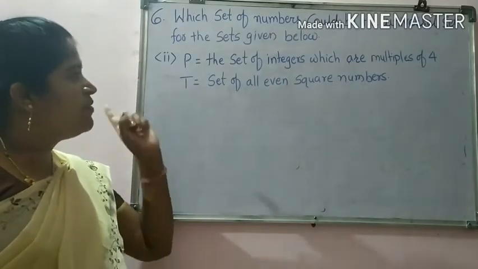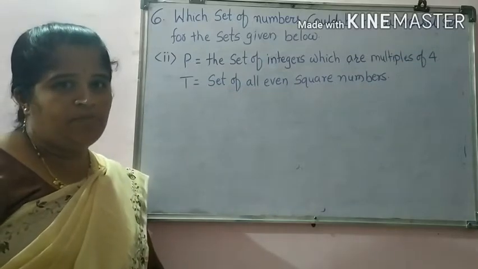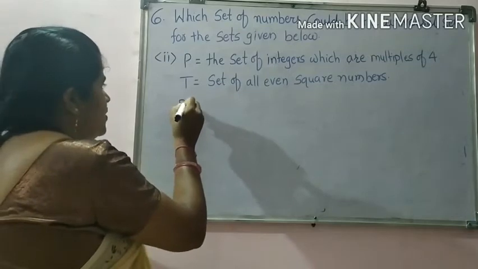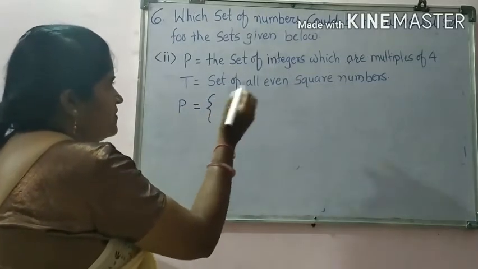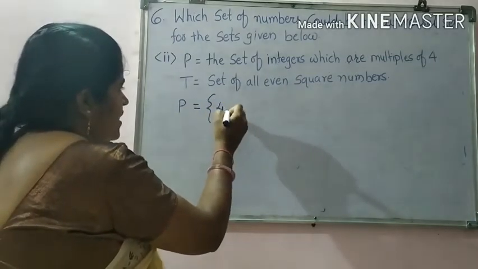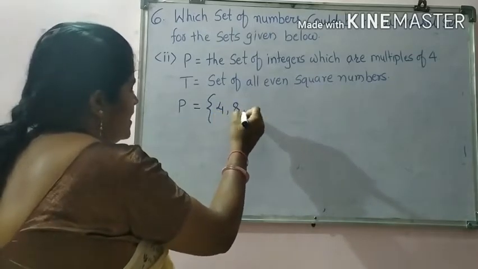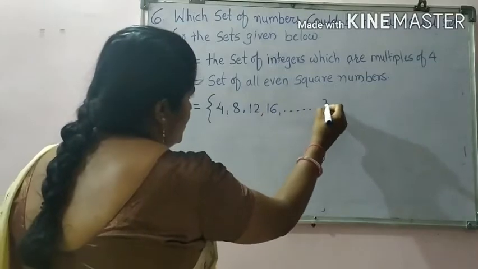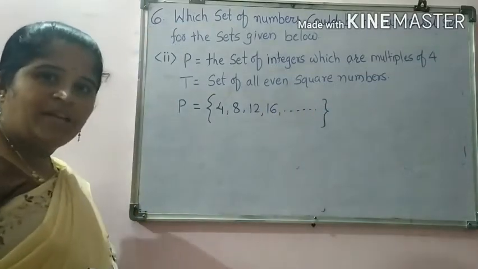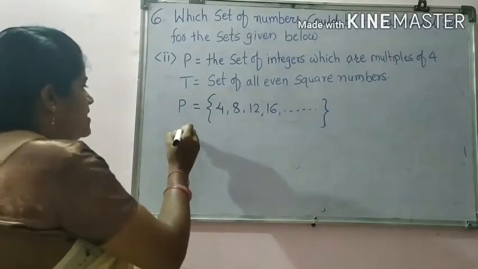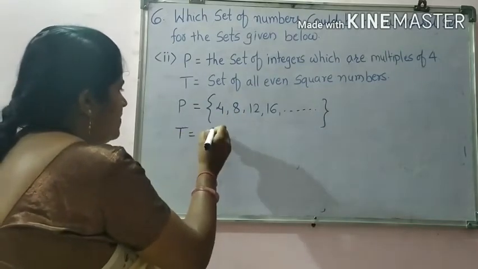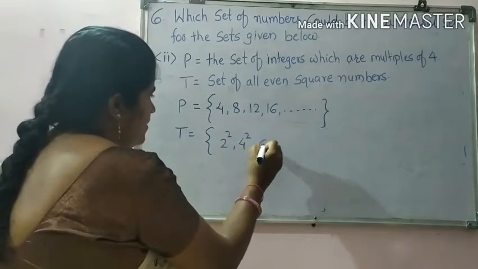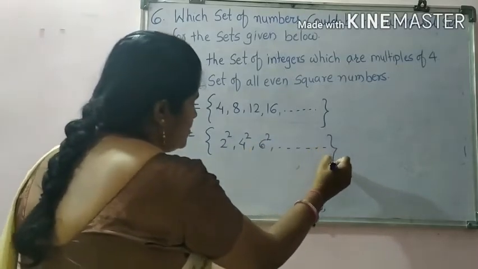Now what are the elements of set P? P is equal to set of integers which are multiples of 4, that is 4, 8, 12, 16 and so on. What are the elements of set T now? T is equal to the set of even square numbers, that is 2 square, 4 square, 6 square and so on.